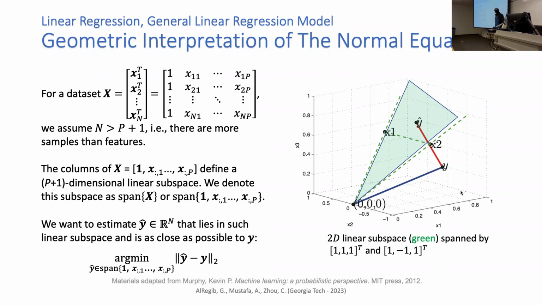This is the green one. If I give you a new pair, I'm telling you, I don't know what X1 is, but the point is here, your solution is to project this Y into what? Into this solution, right? You project the Y into this solution subspace or solution hyperplane.